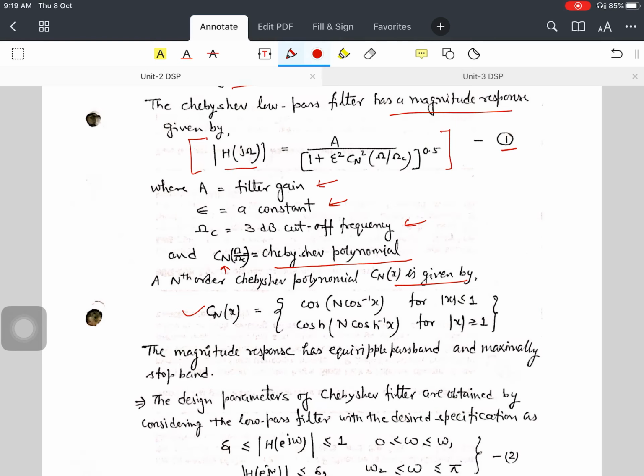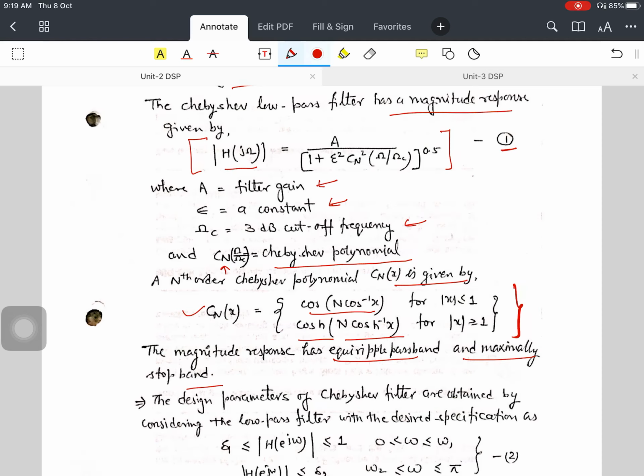For mod x less than or equal to 1, Cn(x) equals cos(n cos inverse x), and for mod x greater than or equal to 1, cosh(n cosh inverse x). So you have to remember these two equations also. Now the magnitude response has an equiripple passband and a maximally flat stopband.